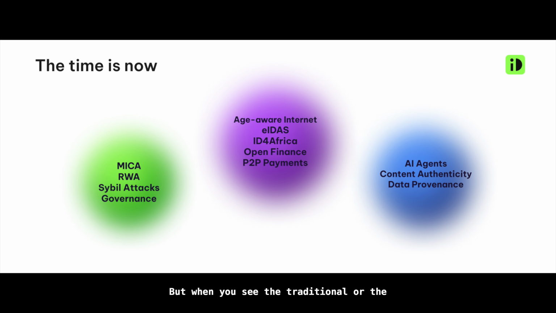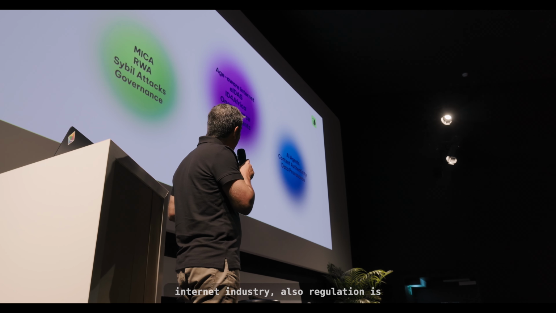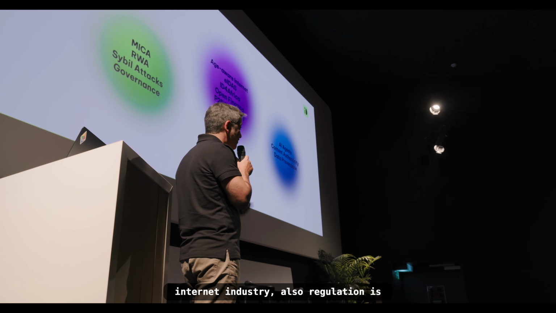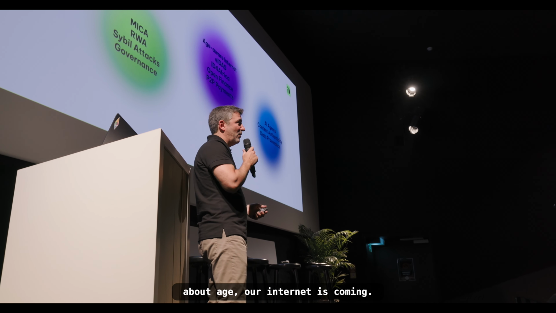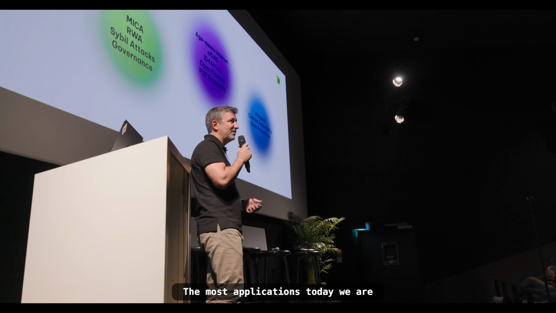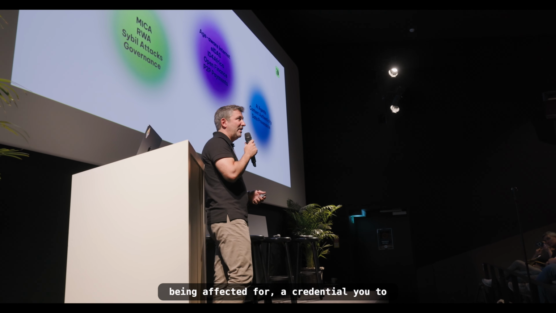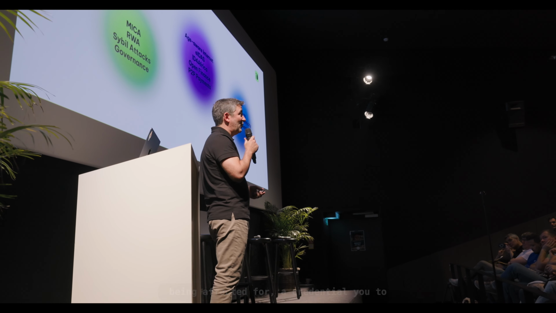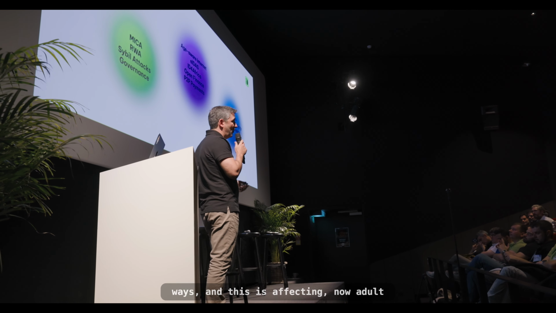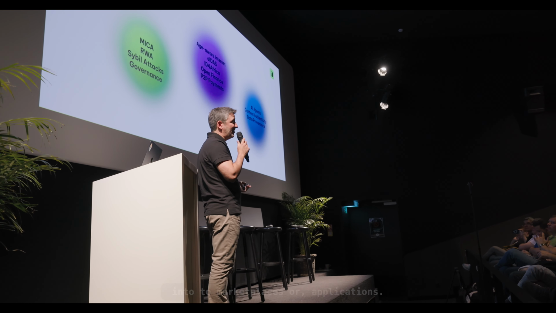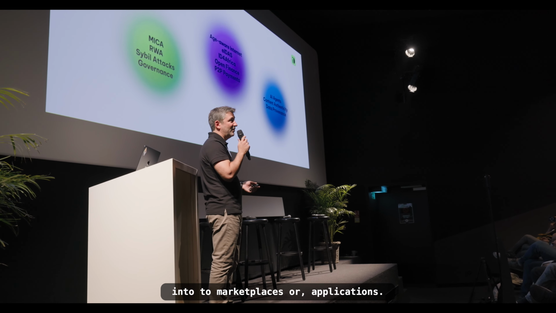But in the traditional internet industry, regulation is also affecting here, because regulation about age on the internet is coming. Most applications today are being affected for a credential. You need to prove that you are over 18 in several ways, and this is affecting adult sites, gambling now, but it can come even to marketplaces or other applications.